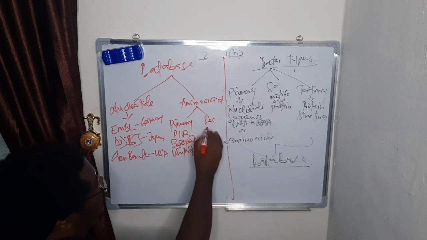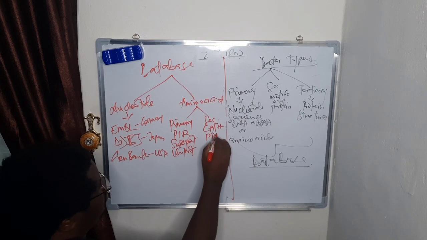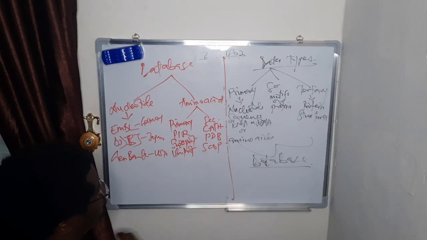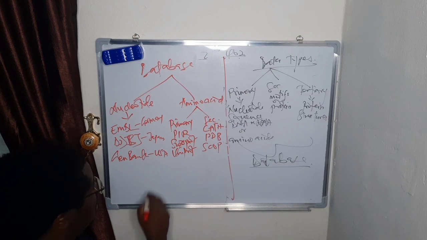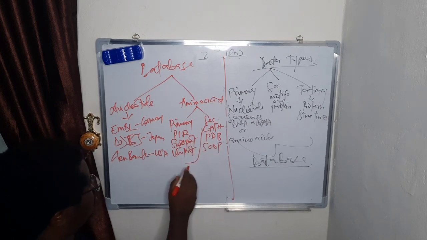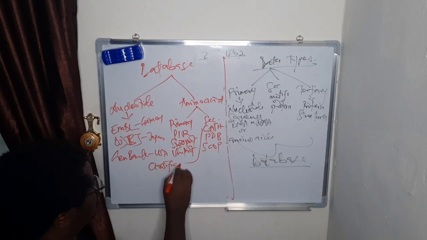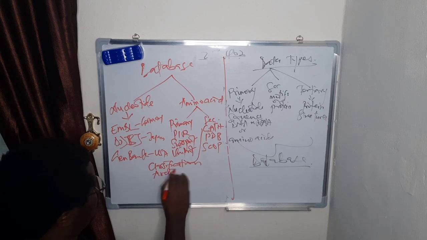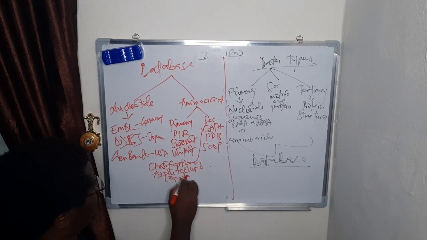Then for the secondary, you have CATH, you have PDB, and you have SCOP. CATH is known as classification, architecture, topology, homology.